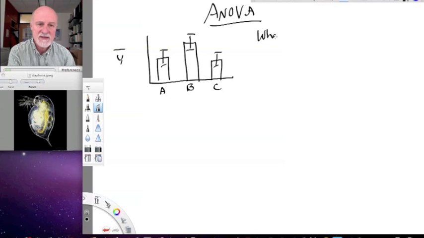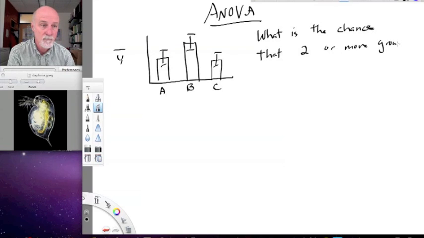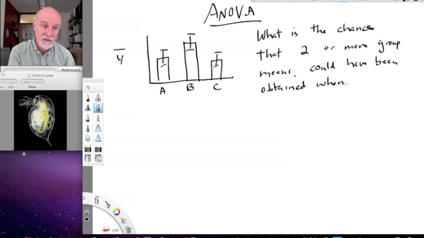What is the chance that two or more group means, in this case 3, could have been obtained when in fact they were all drawn from one population.